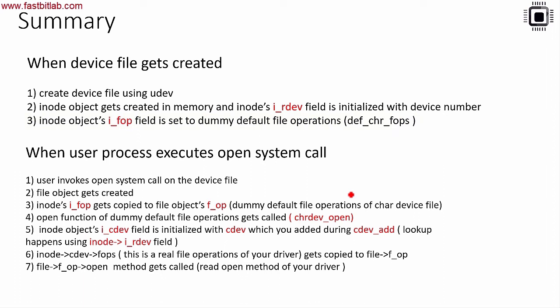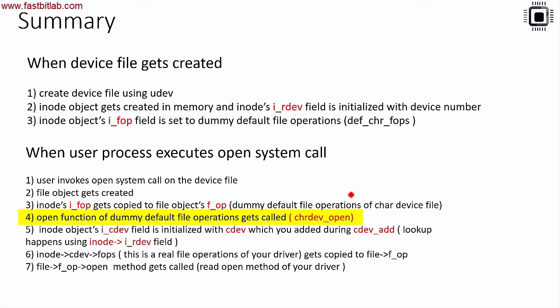And when a user process executes the open system call, so the user invokes the open system call on the device file. Remember that whenever open is executed, the kernel first creates a file object for that. The file object gets created, and the inode's file operations get copied to the file object's file operations. That is the dummy default file operations of the char device file. After that, the open function of the dummy default file operations gets called.